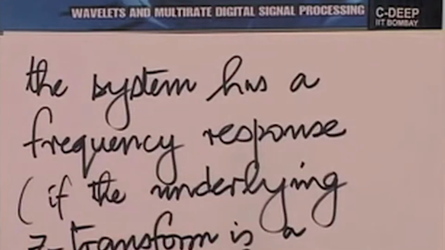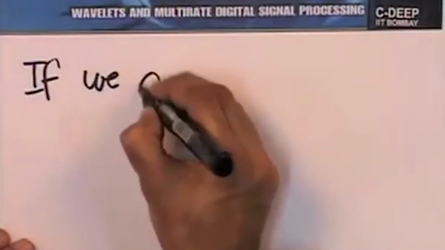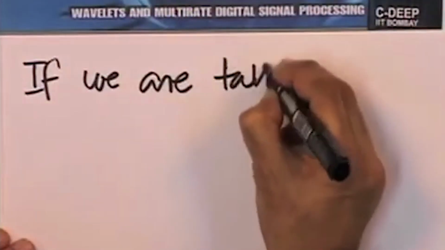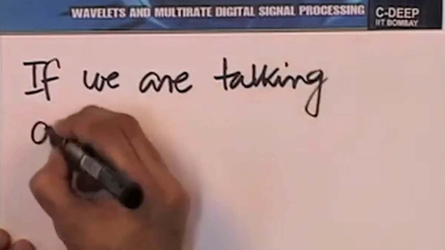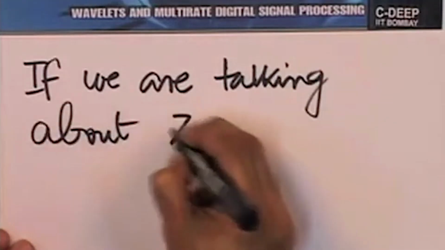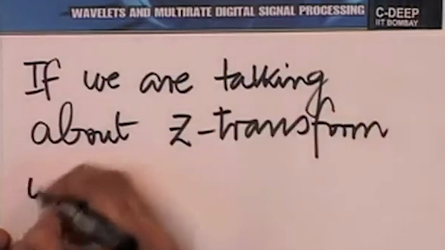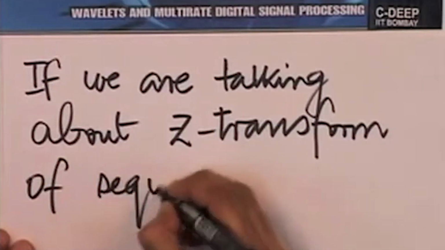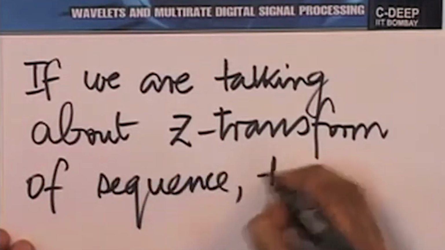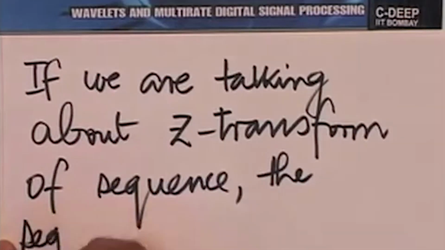And of course, otherwise, in case we are talking about a sequence, then we say the sequence has a discrete time Fourier transform. So, if we are talking about the Z transform of a sequence, we say the sequence has a discrete time Fourier transform.